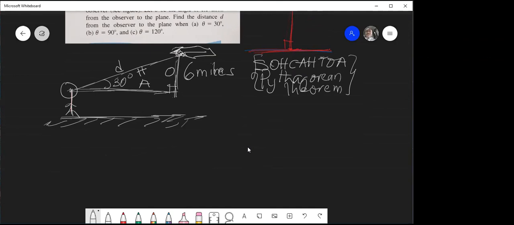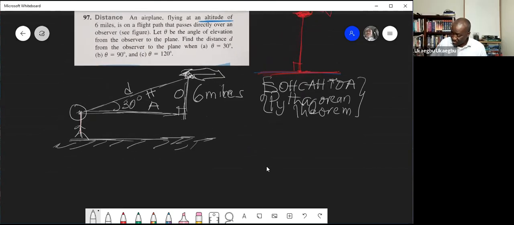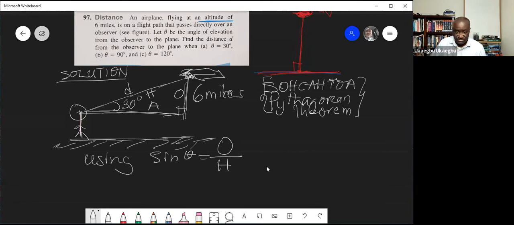Sine. Okay. So, of course, your solution to this problem started here. And then you can just say, using sine theta equal to opposite divided by hypotenuse.